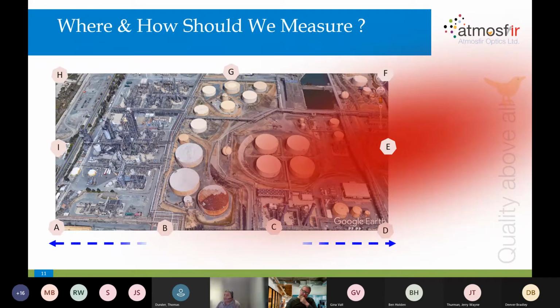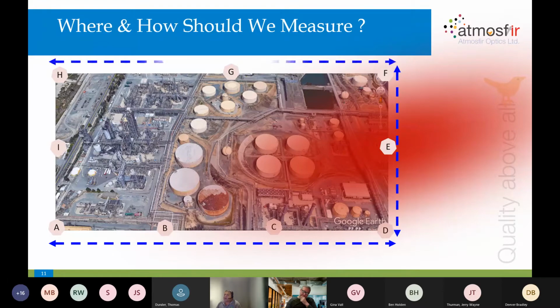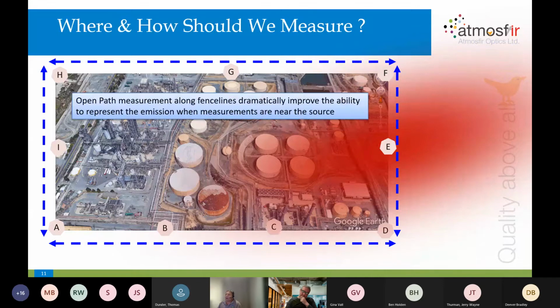And that leads to the understanding that if you want to do a good characterization of the emission from your facility, you must measure along lines. Or in other words, open path measurement along the fence line dramatically improves the ability to represent the emission when measurements are near the source.